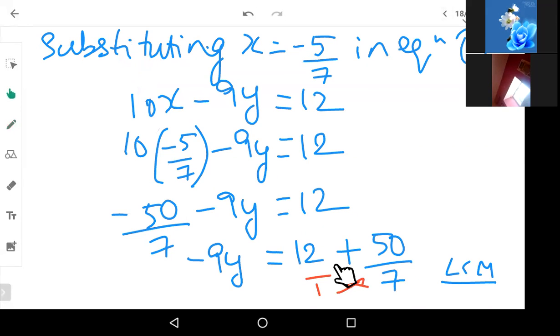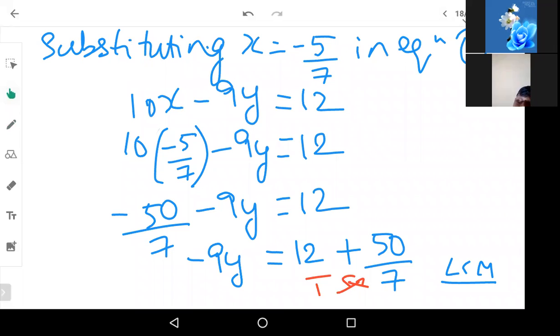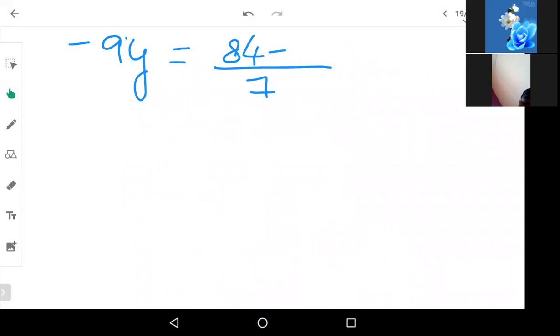cross multiply here. So 12 into 7 will give me 84 minus, again 1 into 50 will give me 50. Sorry, it is plus 50. Not minus, plus 50.